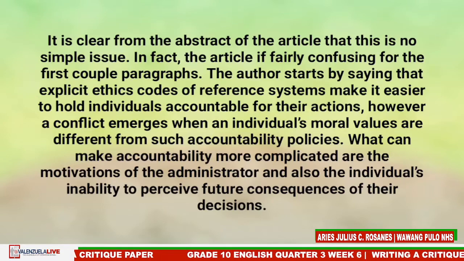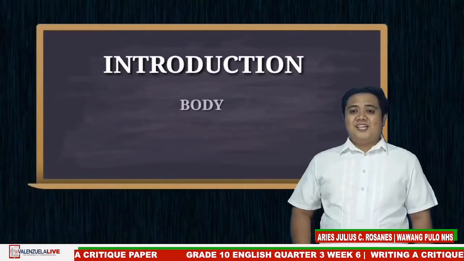However, a conflict emerges when an individual's moral values are different from such accountability policies. What can make accountability more complicated are the motivations of the administrator and also the individual's inability to perceive future consequences of their decisions. What is your answer?